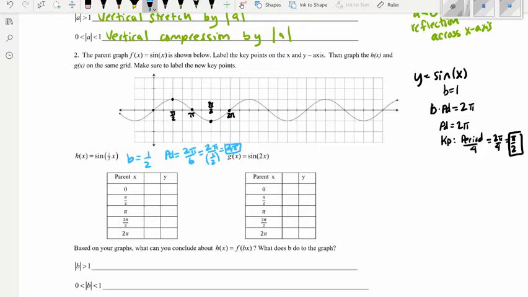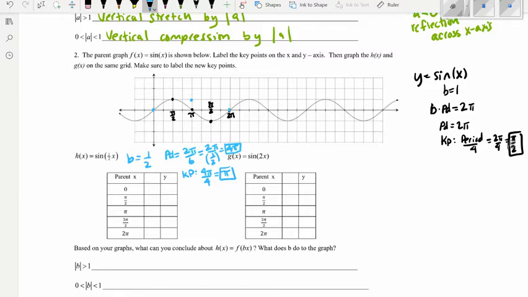So that means that the key points are going to be 4 pi divided by 4, dividing the period by 4 equal parts. So 4 pi divided by 4 gives us pi for our new key points on our graph for this next function. So if our new key points are pi, then on my graph we started at 0. The next key point would be pi, which is over here. And so 1 pi, 2 pi would be the next key point.